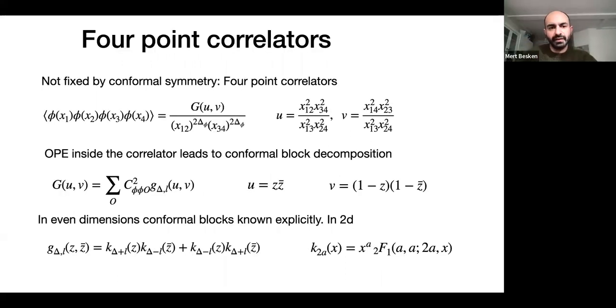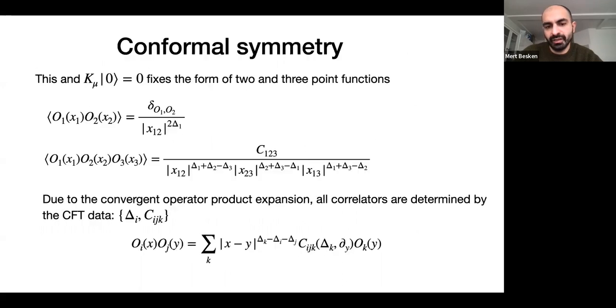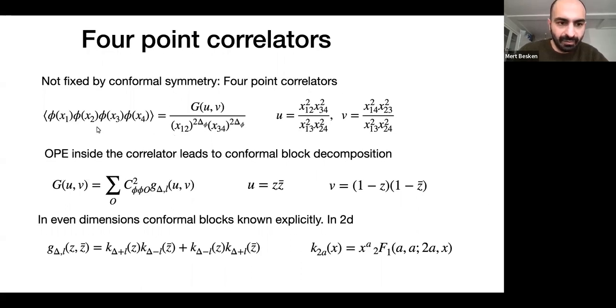Okay, so the first thing not fixed by conformal symmetry is the 4-point function, and again we try to make the most of our equation here, and the corresponding one with the special conformal generator here. What this equation tells us in the case of the 4-point function is that if you are at Euclidean points 1, 2, 3, 4, there will be this combination here. Again, this is x1 minus x2 raised to some scaling power, and there will be an arbitrary function of cross ratios.